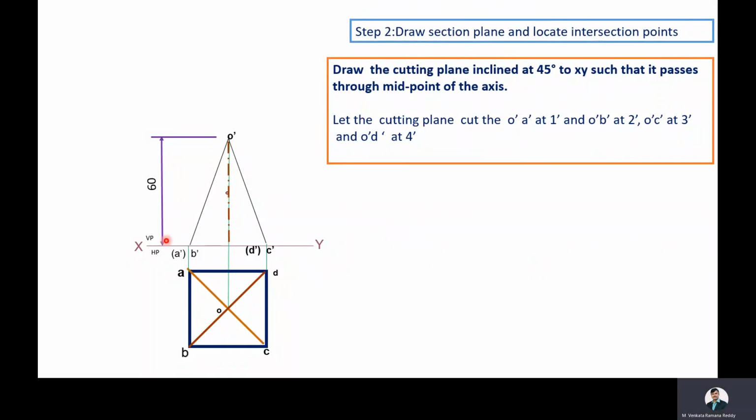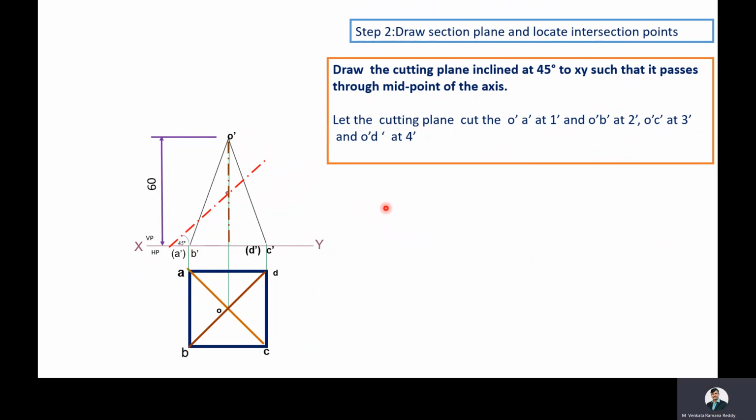Then draw a section plane line which is making an angle 45 degrees to the HP and passing through the midpoint of the axis. This is the section plane. It is also called cutting plane, which is making an angle 45 degrees to the HP.